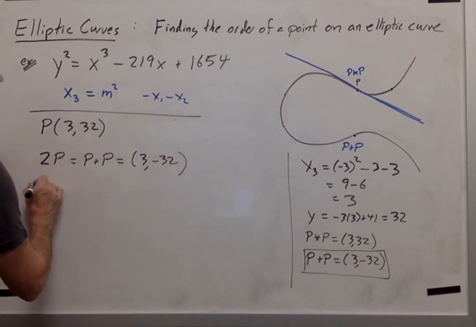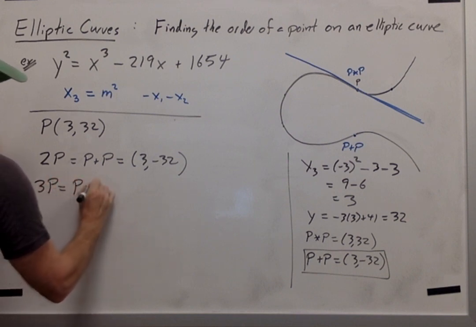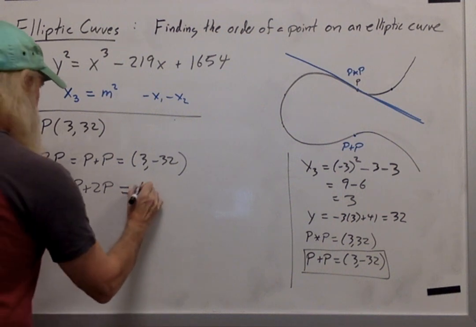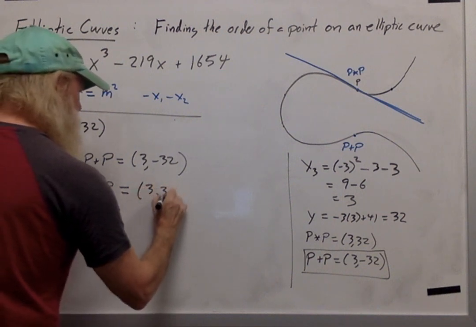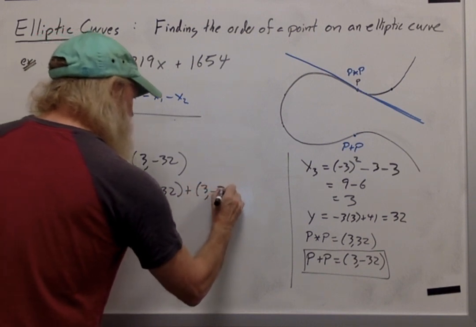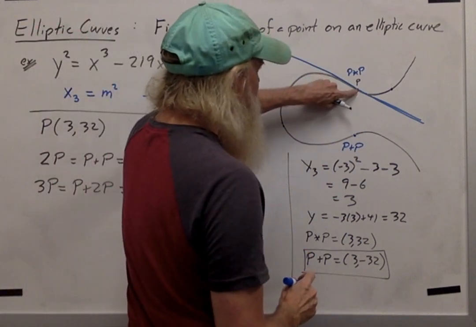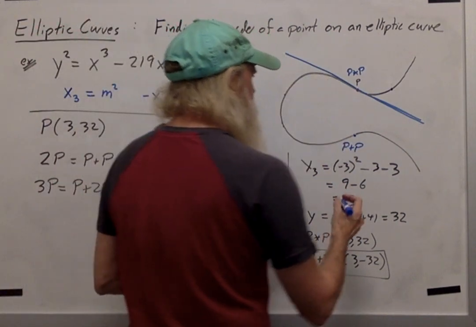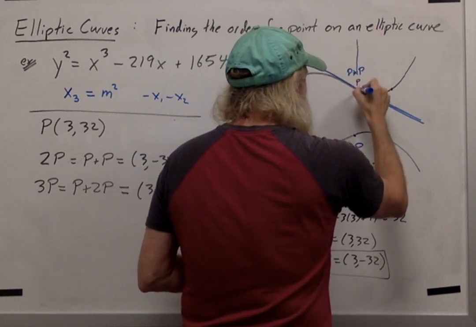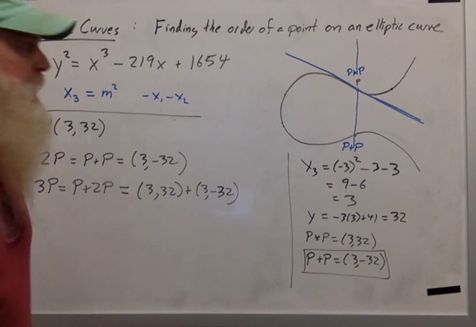Now let's figure out what 3P is. 3P is P plus 2P, which is going to be (3, 32) added to (3, negative 32). In other words, I want to add this point to this point. Well, those two points lie on the same vertical line.